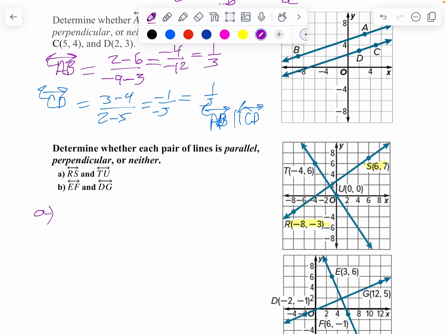I think S comes second, so I like to do that. So I'm going to say 7. Now remember, when you subtract, you're not subtracting just because it has a negative sign. So it's 7 minus a negative 3 over 6 minus a negative 8.